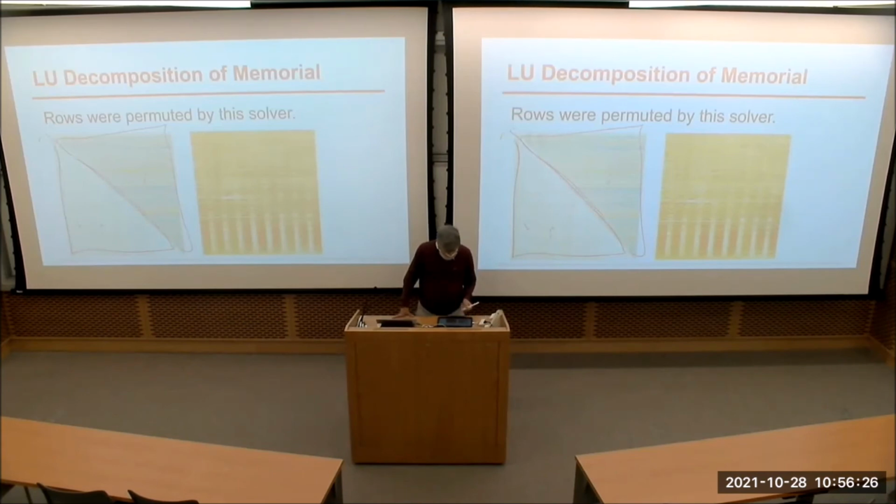But when you multiplied L times U, you got this. Does this look a little like the Lincoln Memorial? If you look at it, clearly you're seeing columns, right? The truth is these are all the rows of the Lincoln Memorial, but they're permuted in a different order.